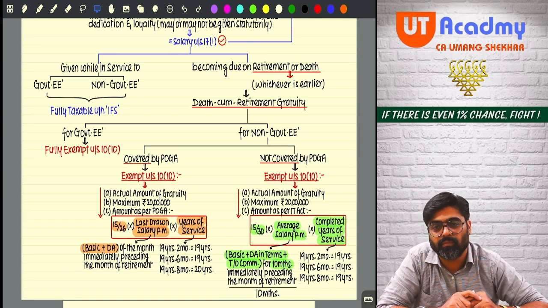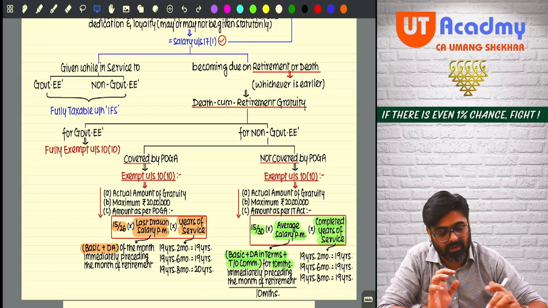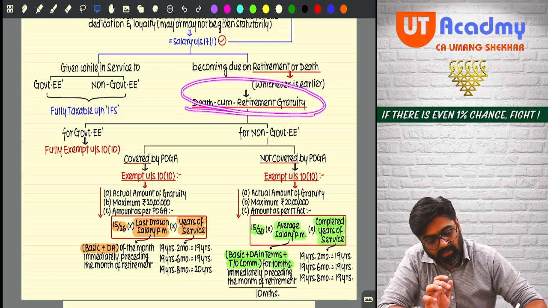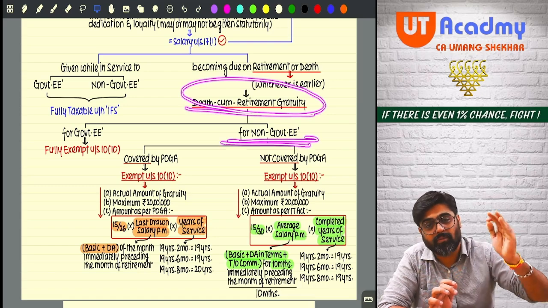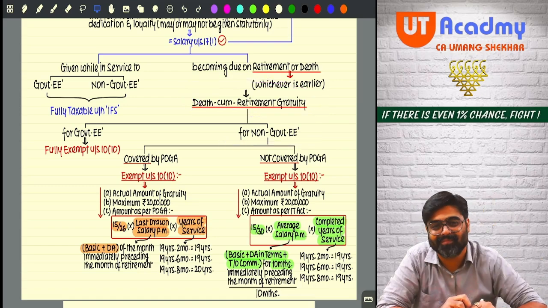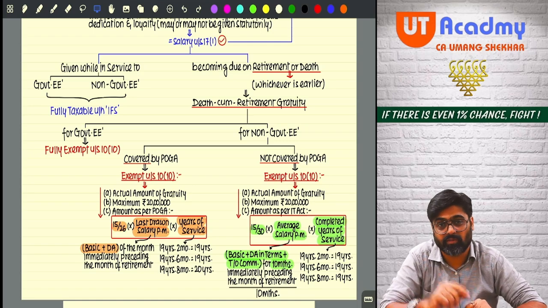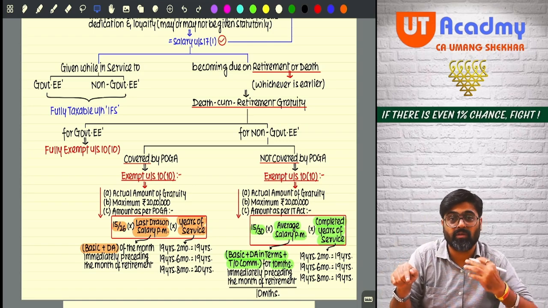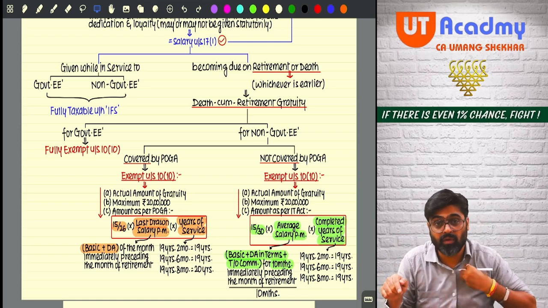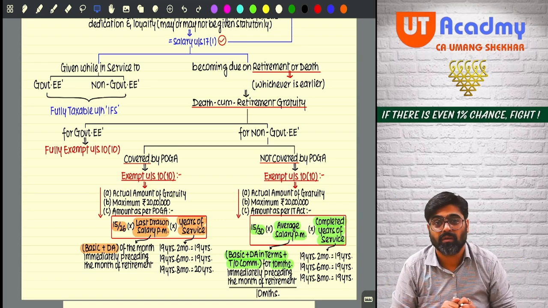Now just imagine, death cum retirement gratuity can be given to a non-government employee also, no? So will they get any exemption? The answer is absolutely yes. Why not? If the government employees are getting the exemption, why should we not? We also should get the exemption.